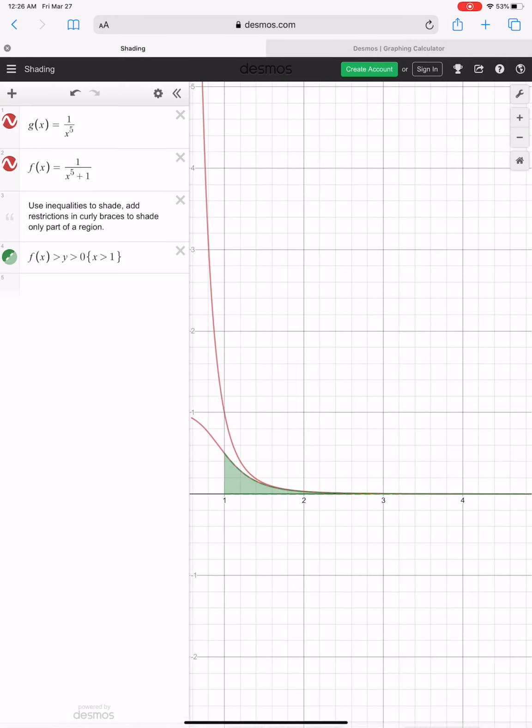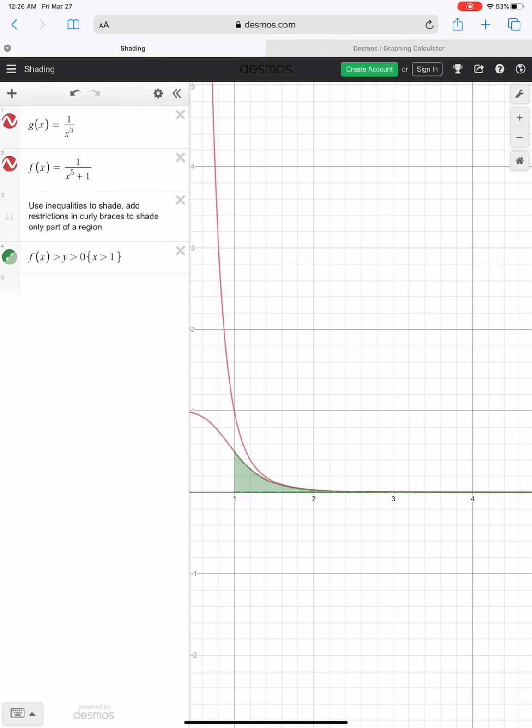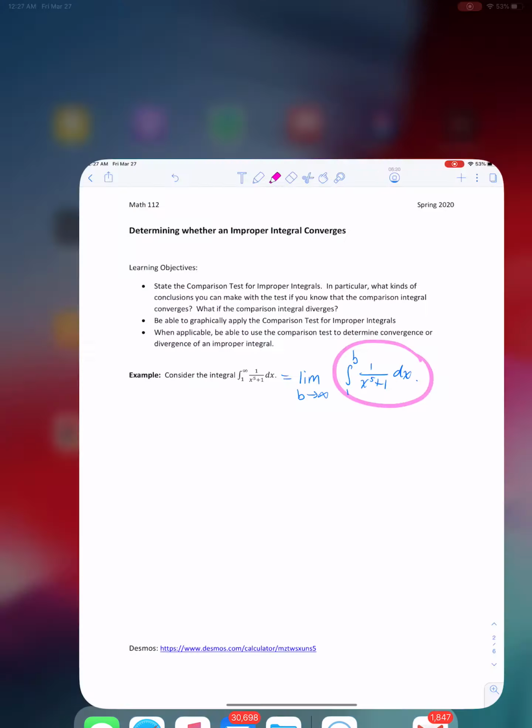There we go. Okay, so it turns out that we actually do know something about the convergence of 1 over x to the fifth, and we know that actually this function f of x looks an awful lot like g of x. So we suspect then that our function f of x has a convergent improper integral.